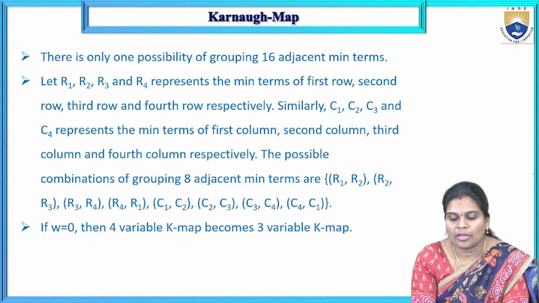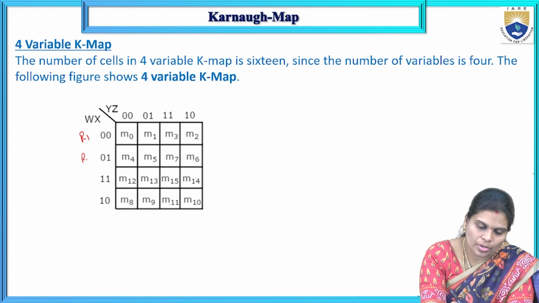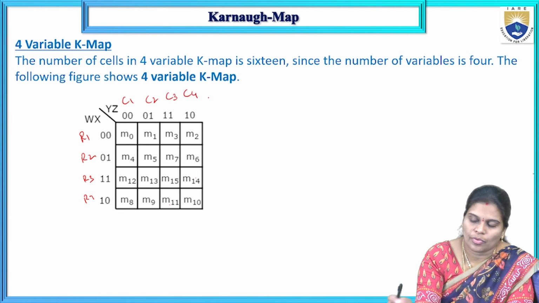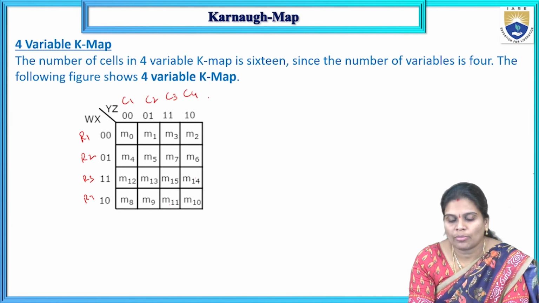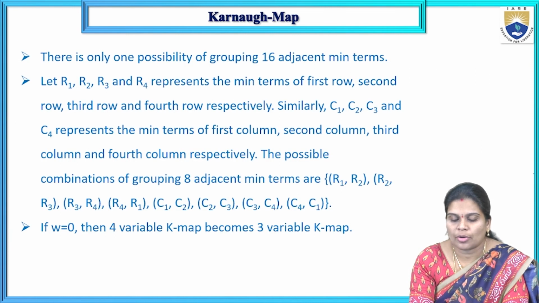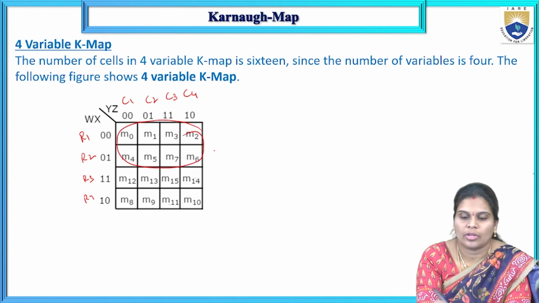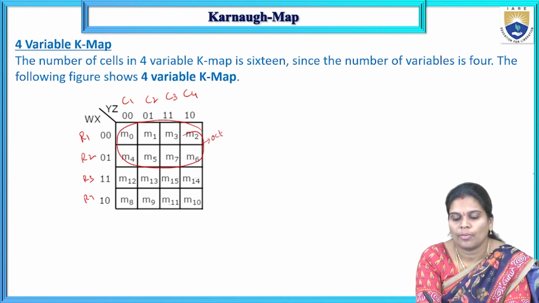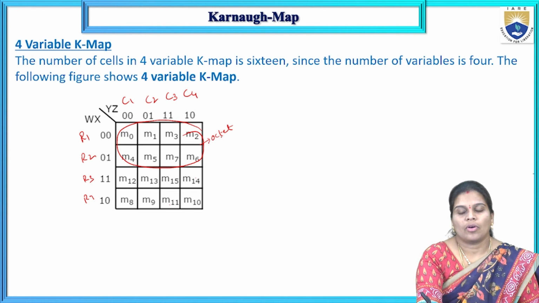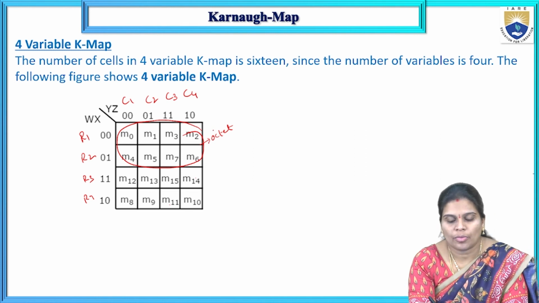If I want to form a group like R1, R2, that means this is the one, so this one is the octet group. Okay, these 8 are one group.